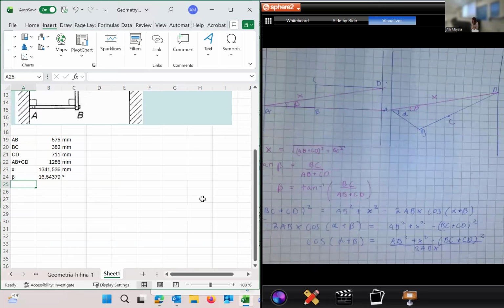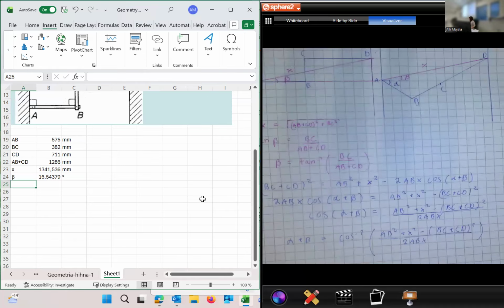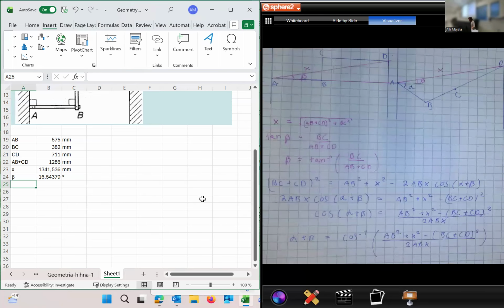Then I still do the rest. This is a bit nasty to write into the Excel.